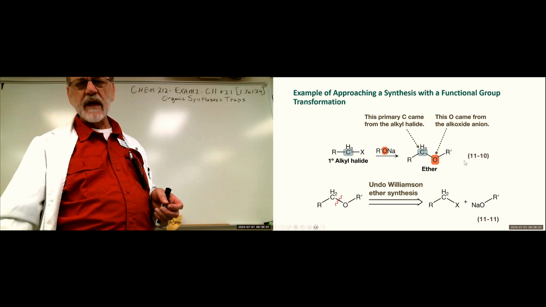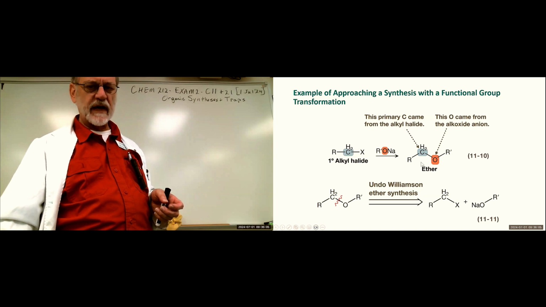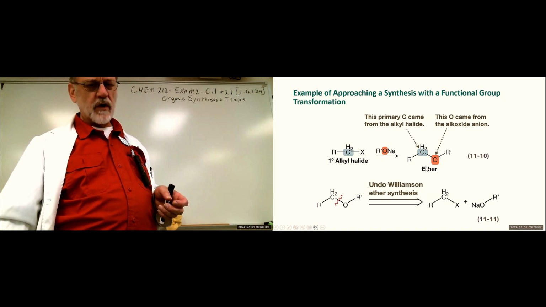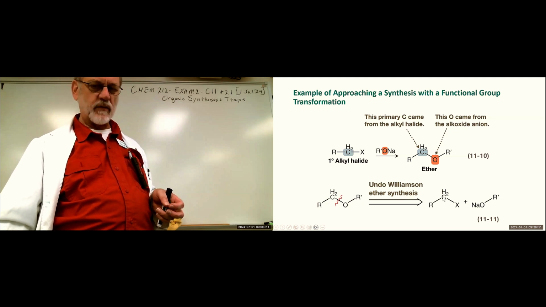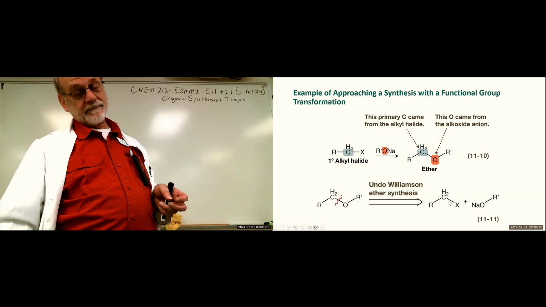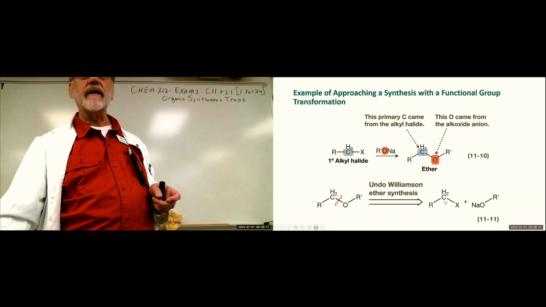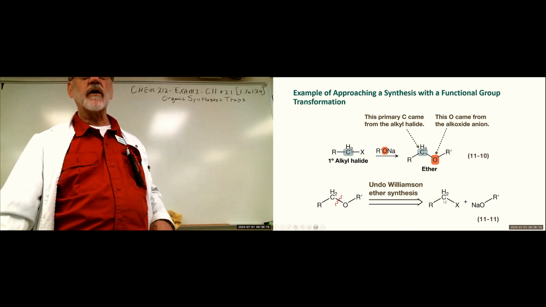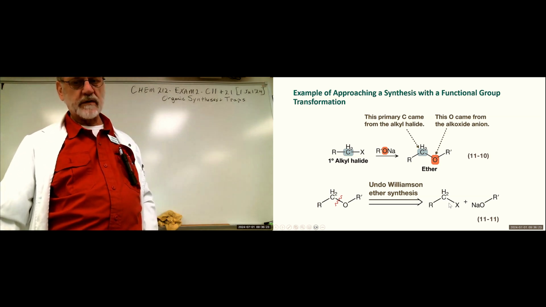We want to end up with this ether on the right-hand side. So if we break that bond right there, how are we going to get to that one? Well, if we want that carbon to be electron deficient, when it'll be the electrophile, then a halogen would be a good choice.